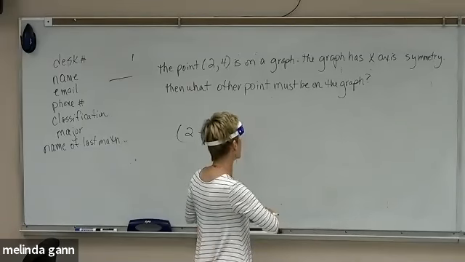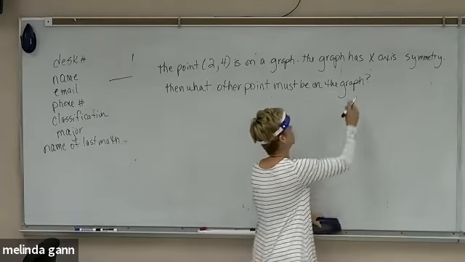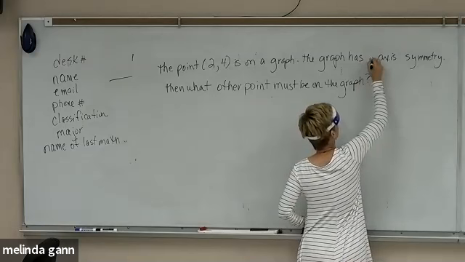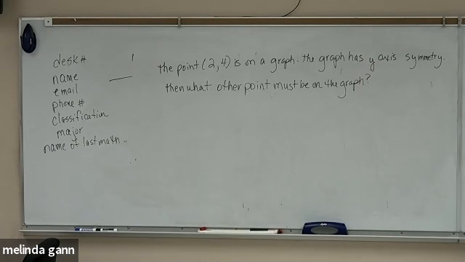Now, what if instead of saying x-axis symmetry, what if I changed it to y-axis symmetry? You write what you think is the point in your notes. Okay. So the point 2, 4 is on the graph, and your graph now has y-axis symmetry. And I ask you, what's the other point then on the graph?